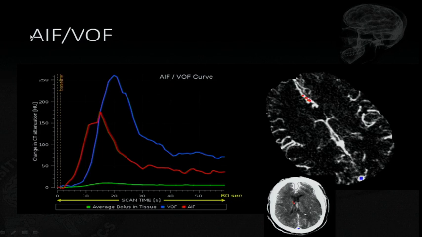Look at your arterial input flow and venous outflow. They should look like this, okay? Usually your arterial input flow is going to be in the A2, and your venous outflow is going to be in the superior sagittal sinus. This is that patient. You see where that arterial input is?